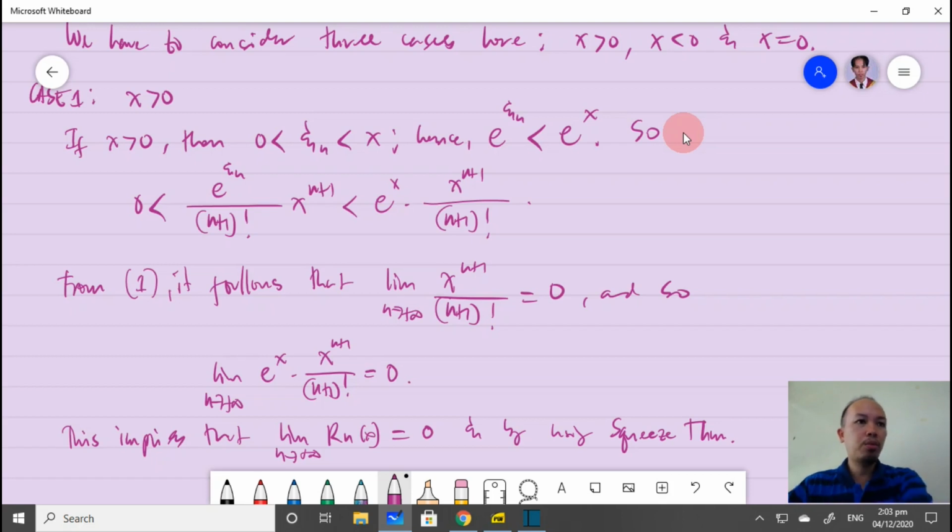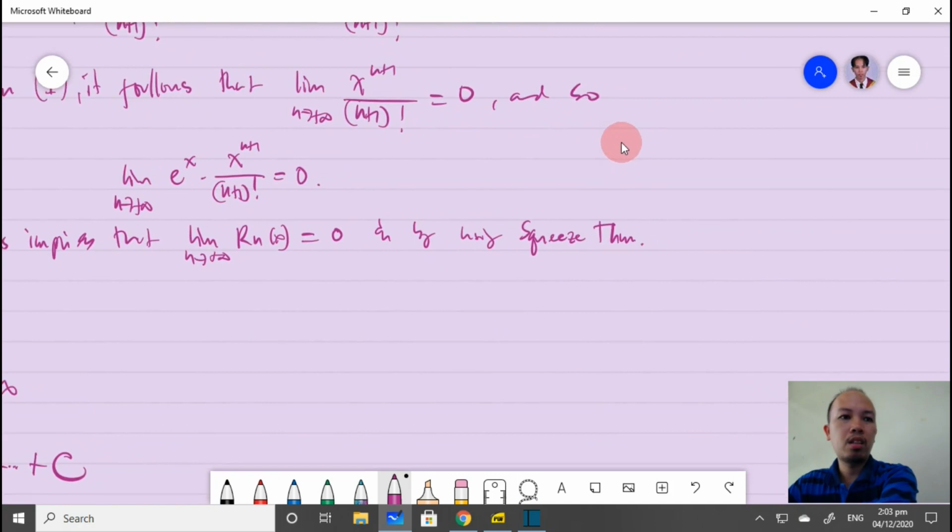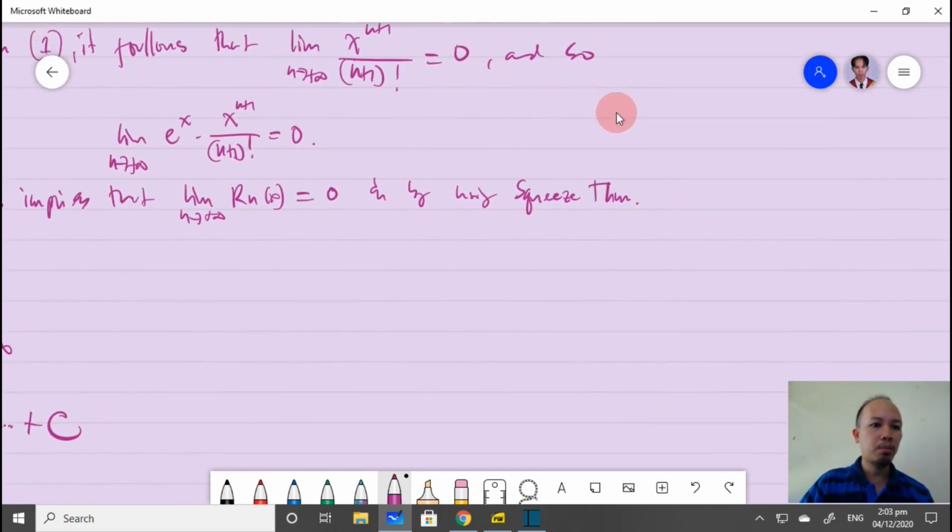So how about for case number 2? Okay, case number 2. What happens if your x is less than 0?